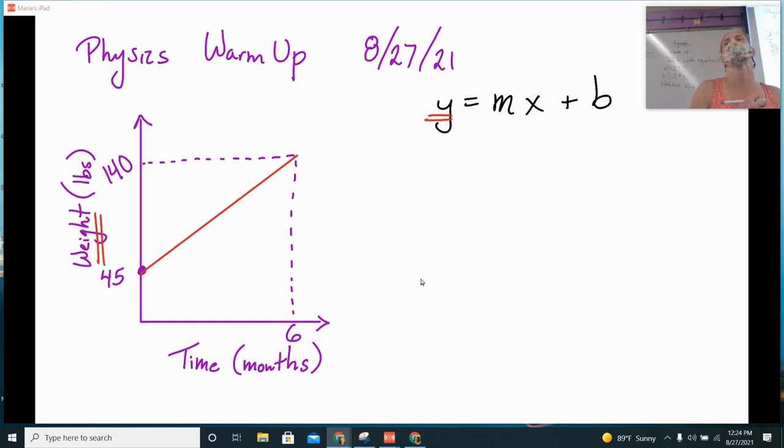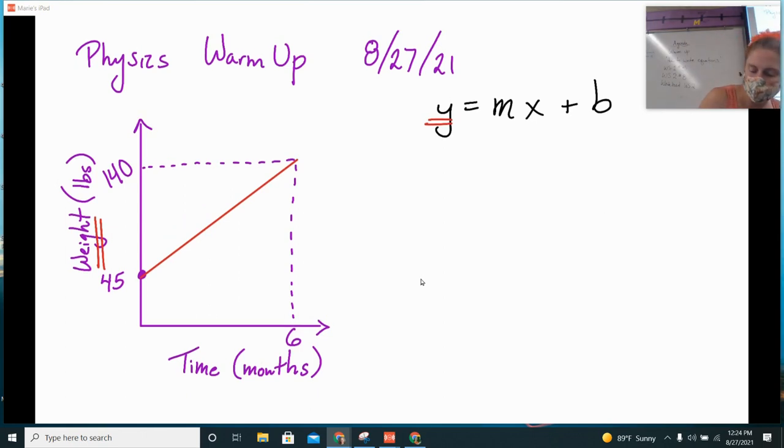Variable is what comes in front of the units. And my stupid way of remembering what the units are is units are like U's and they go around the units. So U's go around the units, or in other words, there are parentheses around the units. So weight is my variable on the y-axis.